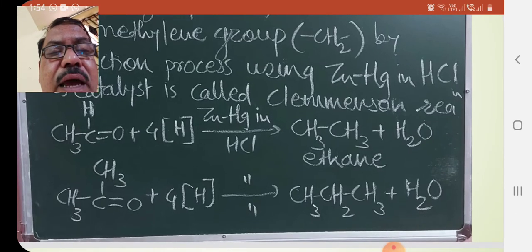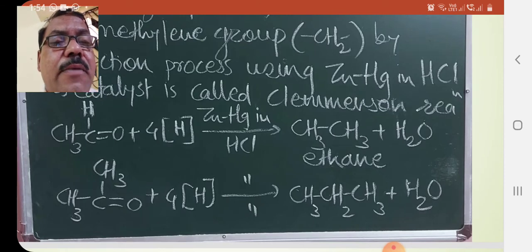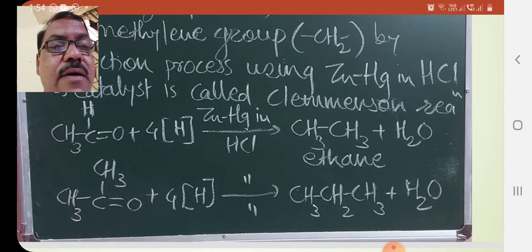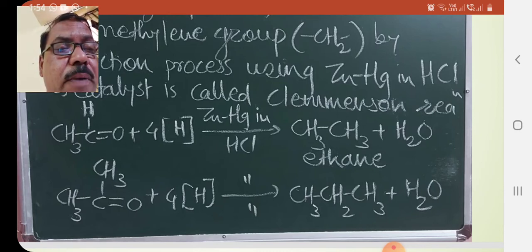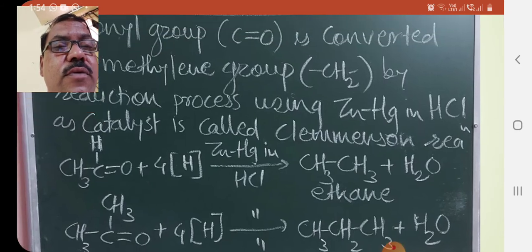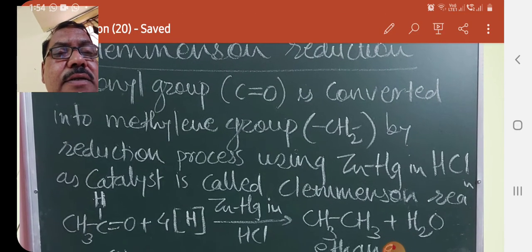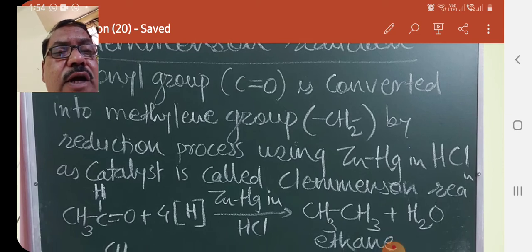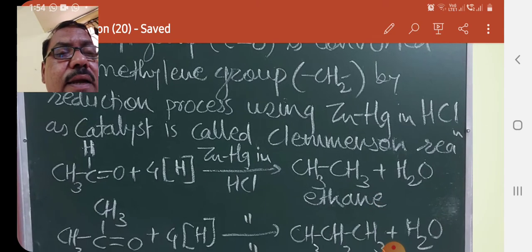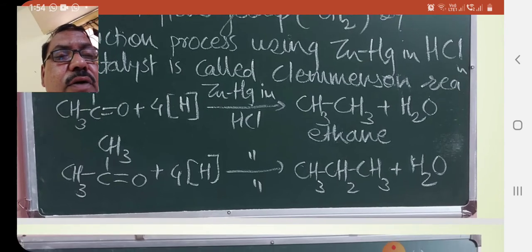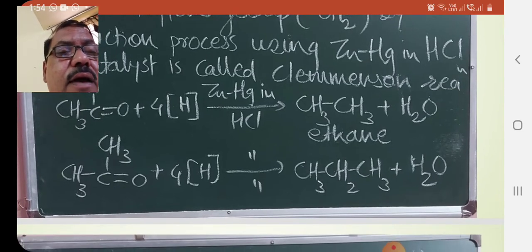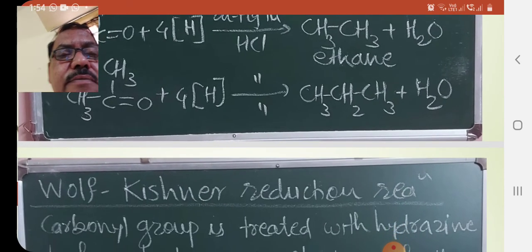In the same way, when acetone is reacted with 4 nascent hydrogen in the presence of zinc amalgam in HCl, the C double bond O group is converted into a CH2 group, and therefore CH3 CH2 CH3, propane, is formed. So the importance of Clemmensen's reduction is that aldehydes or ketones are converted into alkanes. We have seen this reaction in the 11th hydrocarbon chapter.